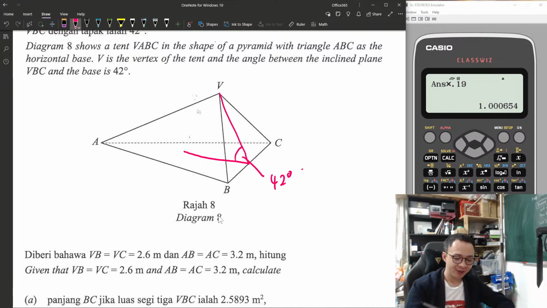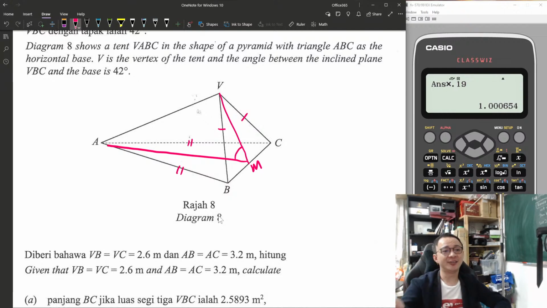They tell me VB and VC are the same length, and AB and AC are the same length. When both are the same, the angle will definitely cut at the midpoint. So I assume this links to the midpoint, M, of BC.